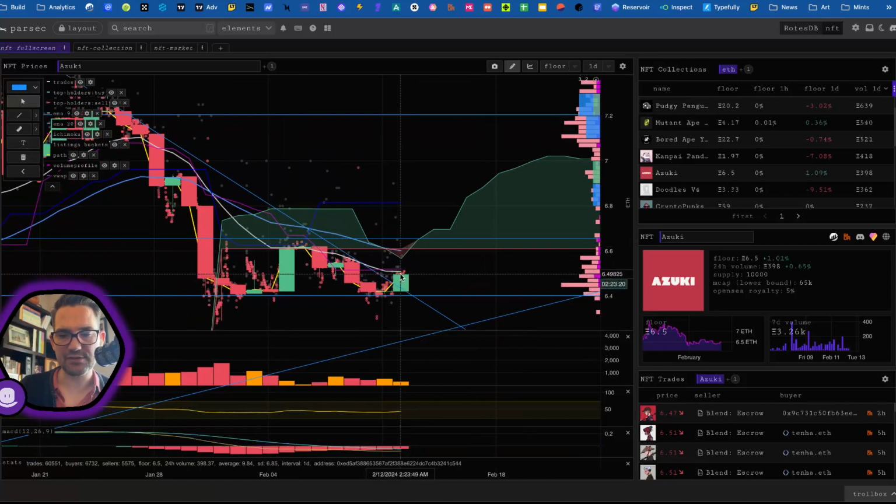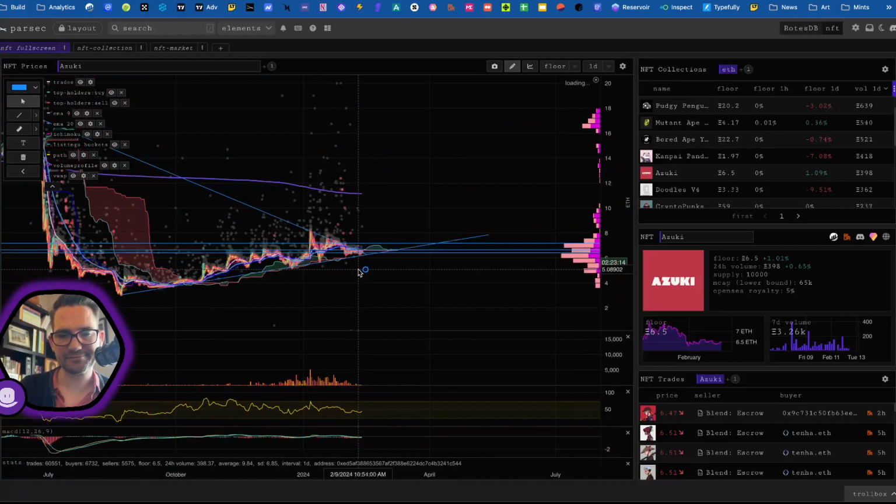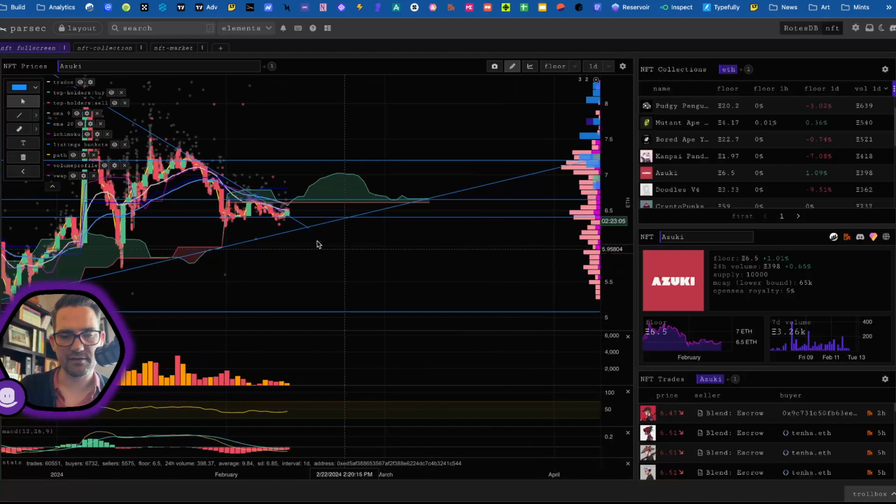That's positive. So Azuki is coming right out of this long term trend that's really been developing all the way back to the summertime. And so if it can break out there, there are a couple of points of resistance just above.